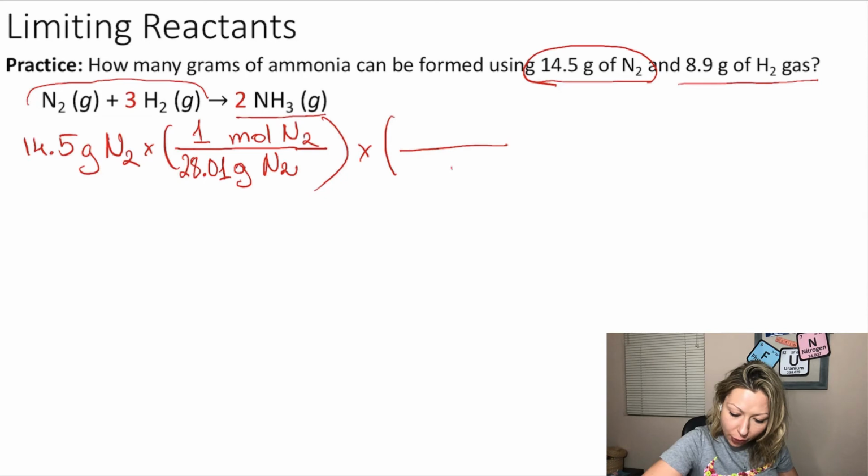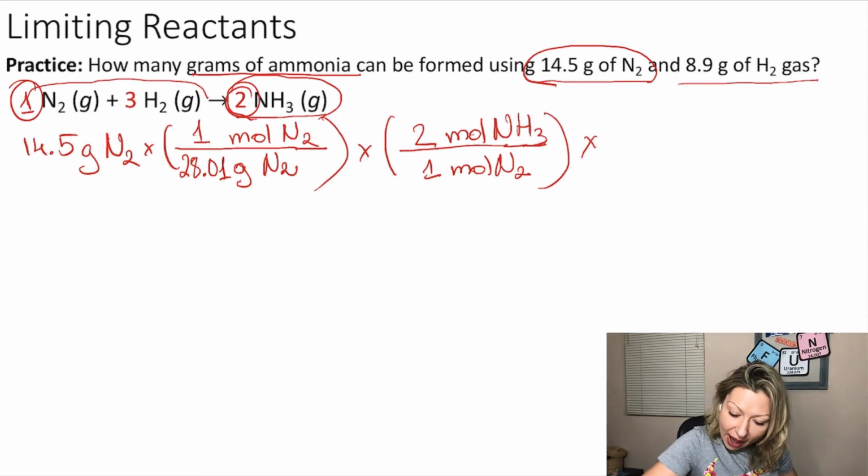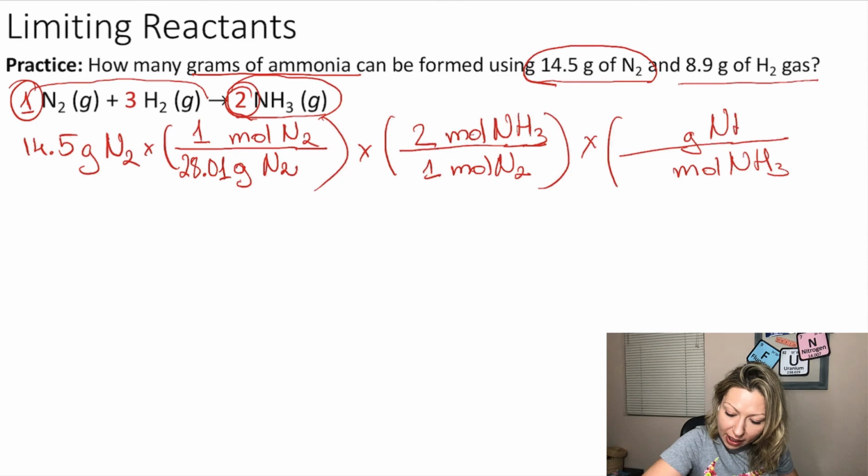So now I have the moles of N2. I have to convert the moles of N2 into the moles of ammonia, NH3. In the reaction, I can see that the ratio is 1 to 2. And because I need the grams of ammonia, I have to convert the moles of ammonia NH3 into the grams of NH3.